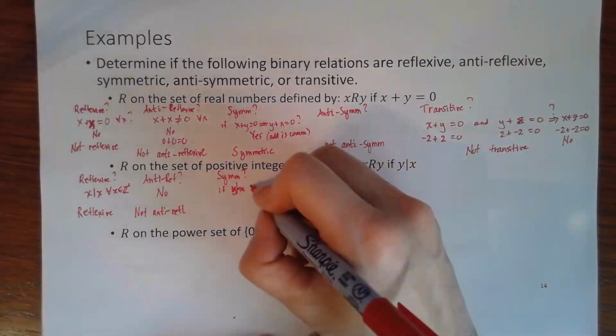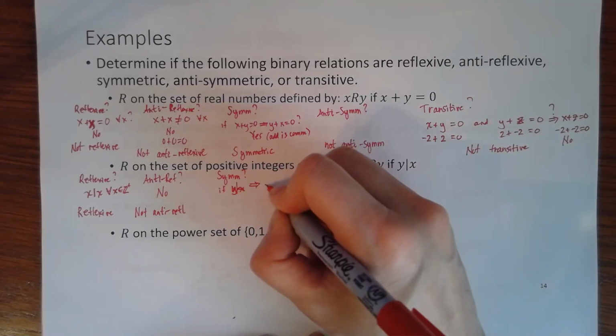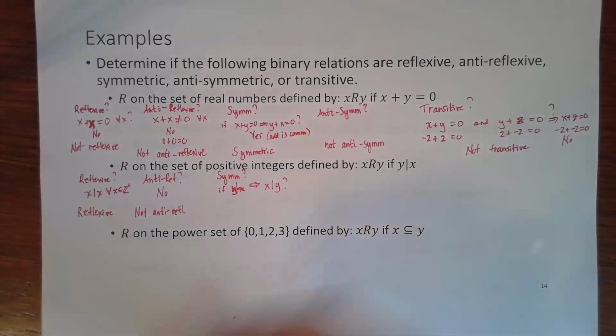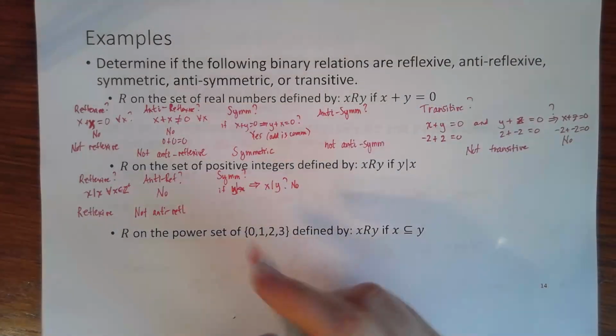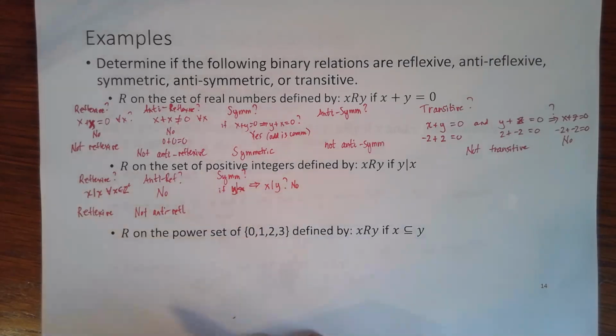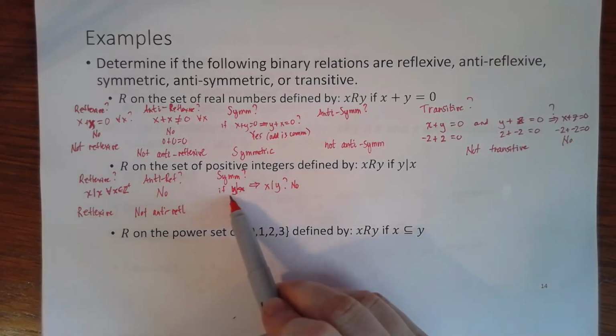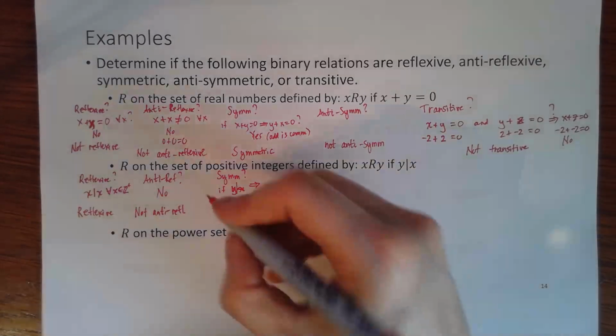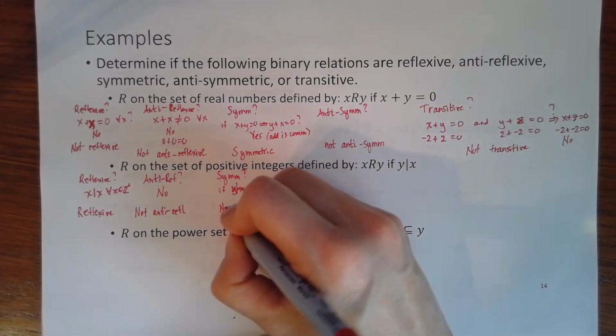So y divides x, does that automatically give us that x divides y? Certainly not. For example, 2 divides 4, but 4 doesn't divide 2, right? 3 divides 9, but 9 doesn't divide 3. So we're not going to have it going both ways. So this is not symmetric.